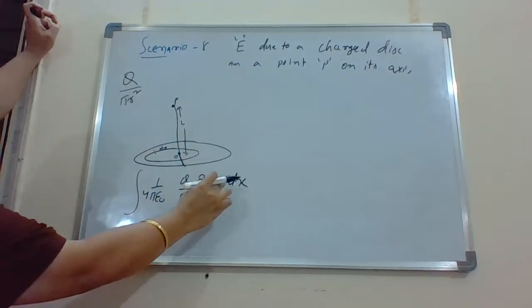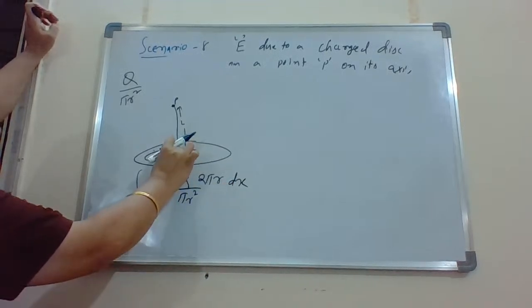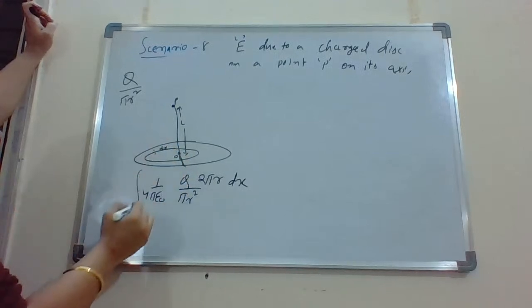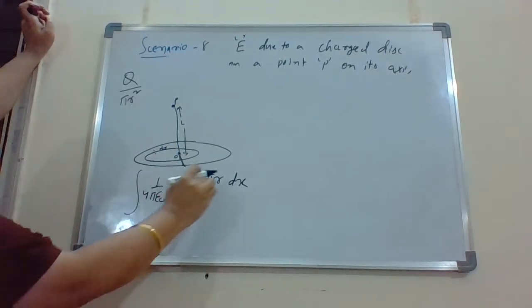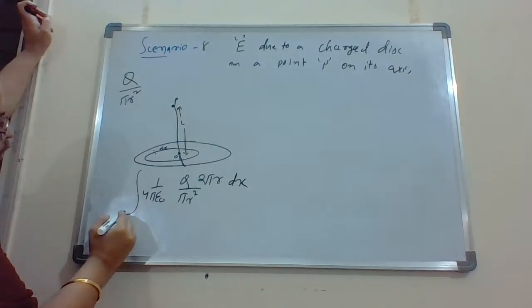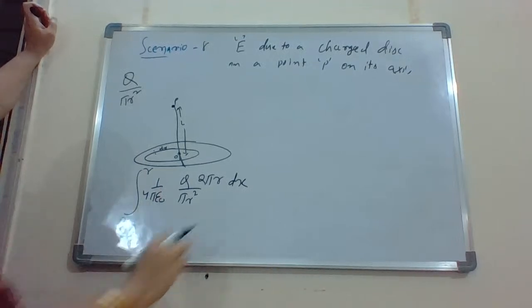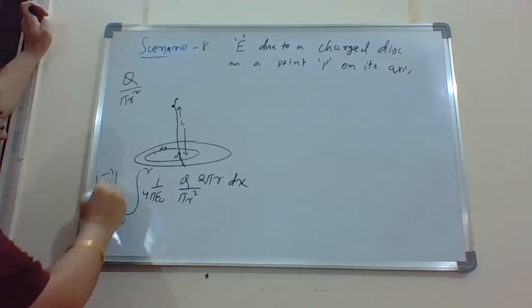Our interval x is at a distance on the radius from the center, so we integrate accordingly. With x going from 0 to r, the integration of this would be your total E net.